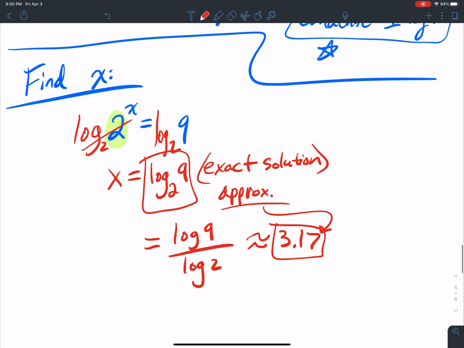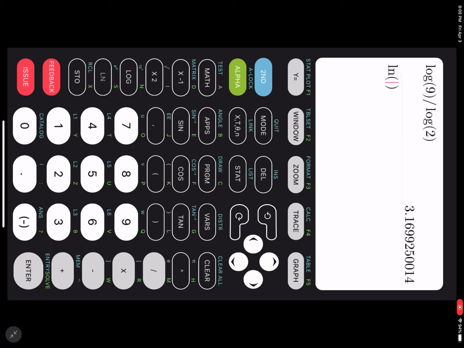Now, instead of log, you could have said ln. You could have said ln of 9 divided by ln 2. Do you get the same thing? Well, let's check it out. ln 9 divided by ln 2.